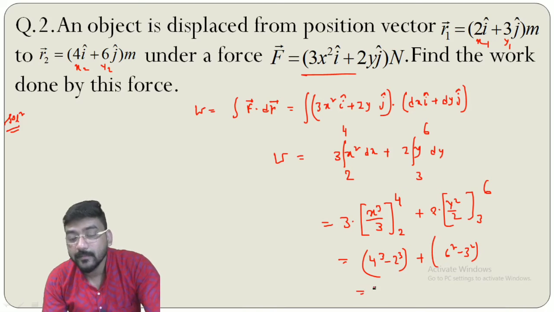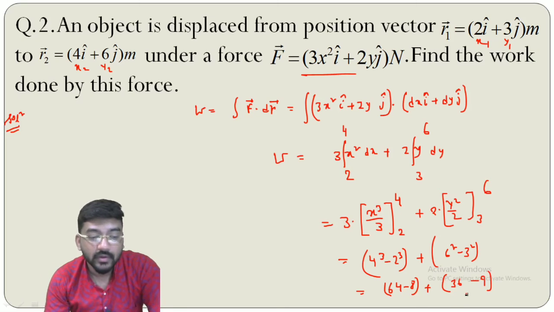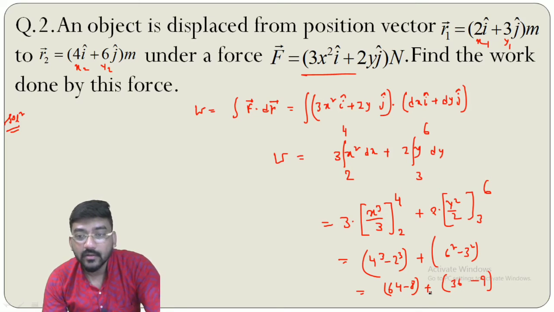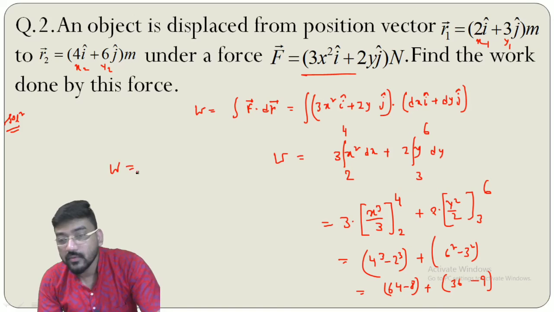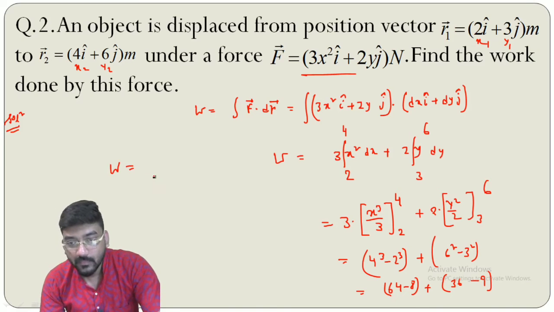So it will be 4 cube means 64 minus 8, plus 36 minus 9. So 56 from here, and from here you will get just 27.